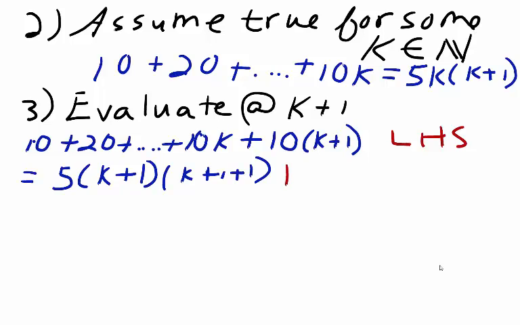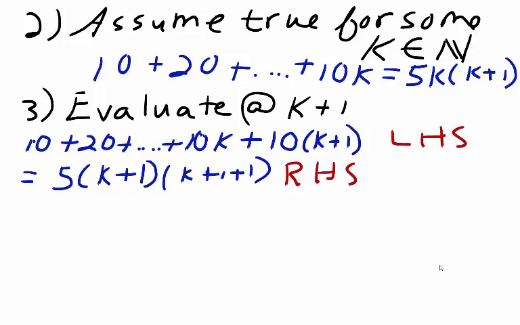This is our new right-hand side. Our job is to simplify the left and right-hand sides and show that they are equivalent, or in other words, that our statement holds true. When we do this, we will complete our proof. So let's get started.